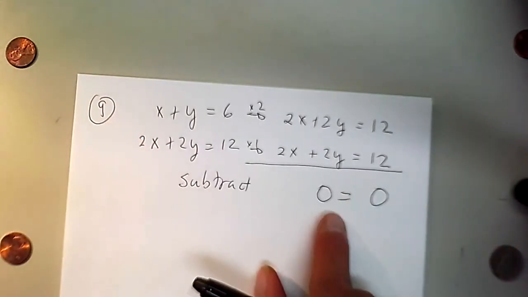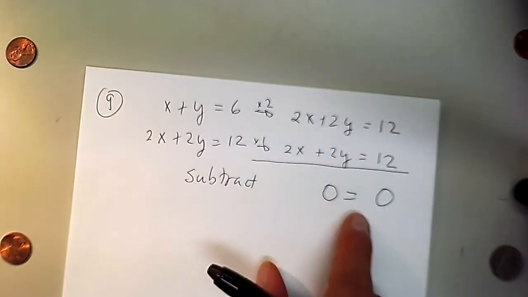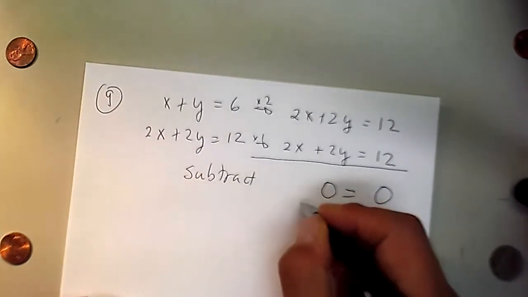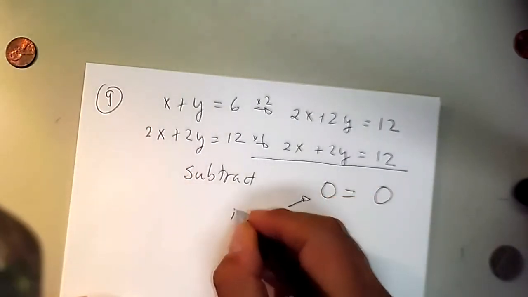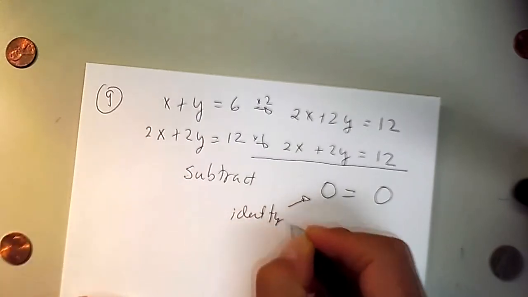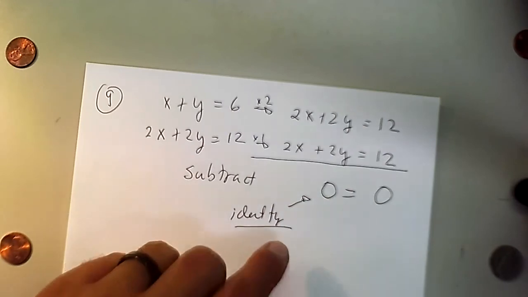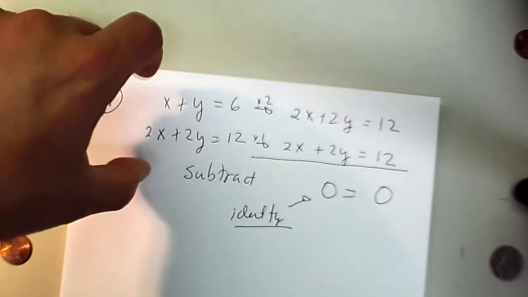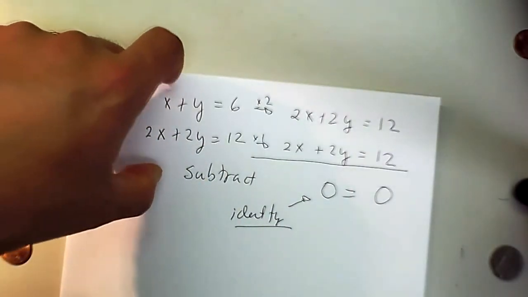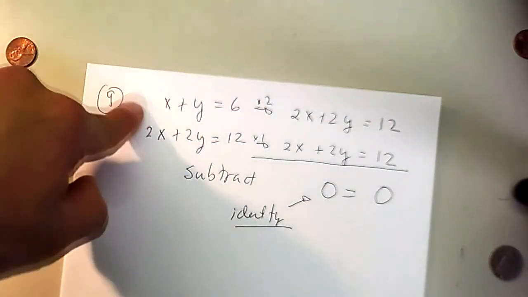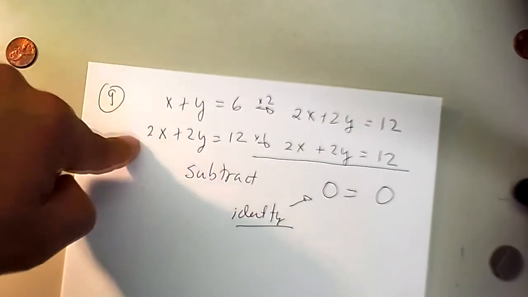So we end up with an identity. This is called an identity. When an equation is always true, that is called an identity. Okay, if you have an identity, that means that we have infinitely many solutions. That means that the two equations are dependent on one another.